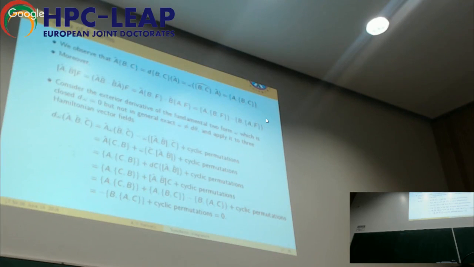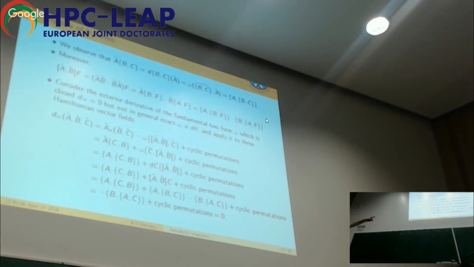And if I collect those together, what you'll see is that using anti-symmetry, the first two terms cancel. And so what we get left with is minus the Poisson bracket of B with the Poisson bracket of A and C plus the cyclic permutations equals 0. The equals 0 is because d omega is equal to 0.